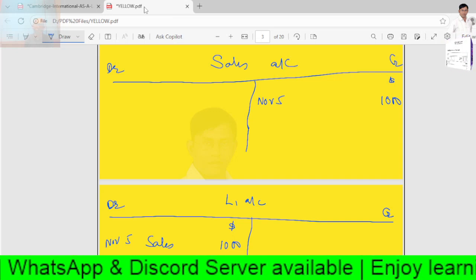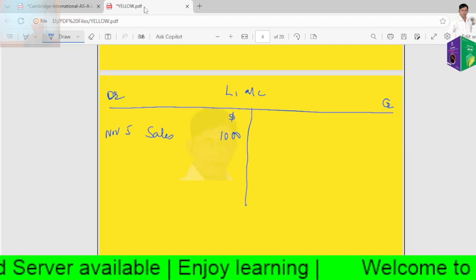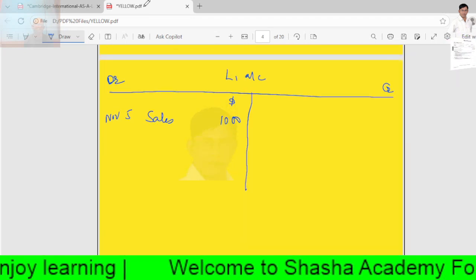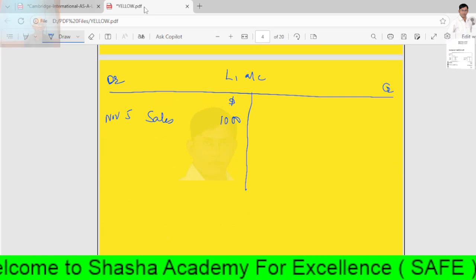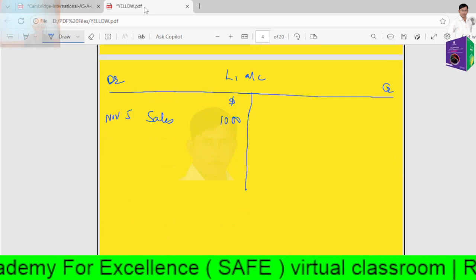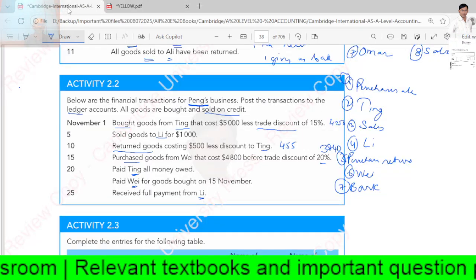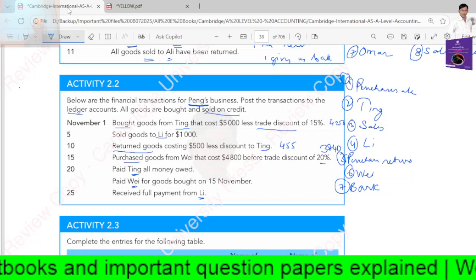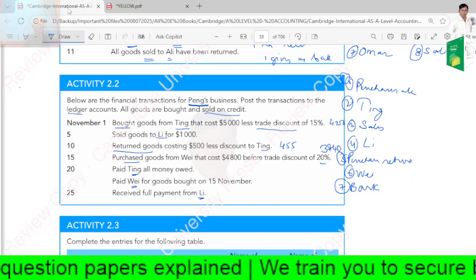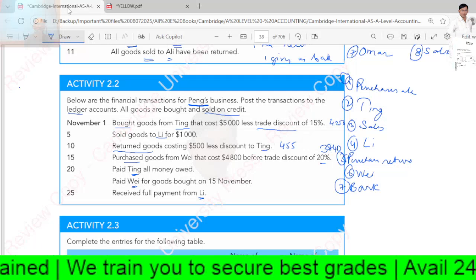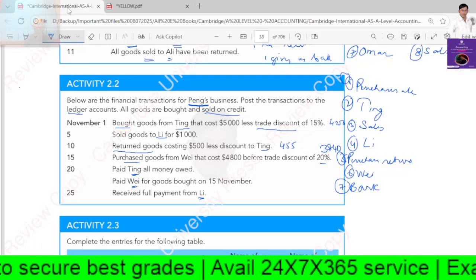Then comes next. Return goods costing 500 less discount to Ting.